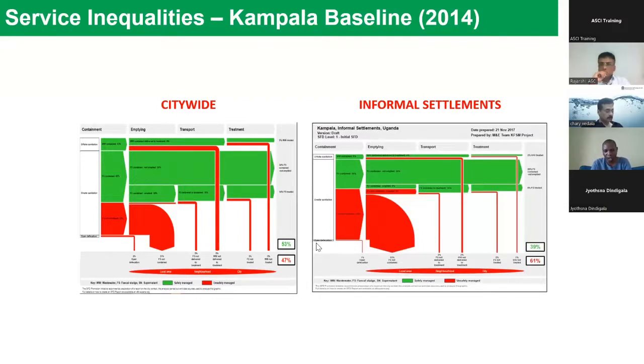Of course, the rich segments of the city were served by sewers and septic systems, whereas the poor relied on pits that couldn't even be emptied. This was a very clear signal of the inequality in service delivery, which we needed to address. Next.